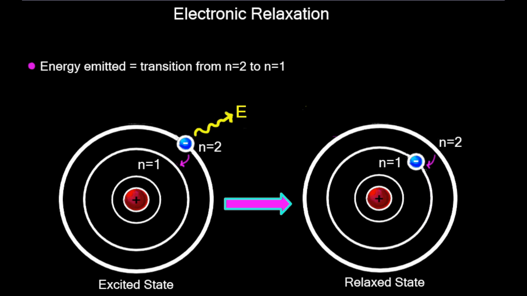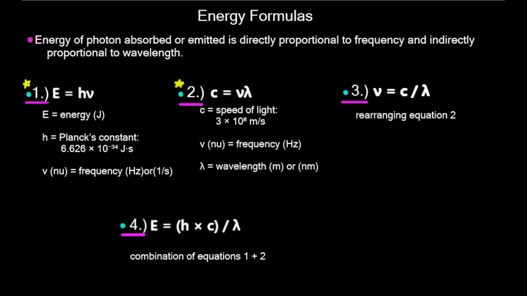Before I introduce the electromagnetic spectrum to you, let's review a few formulas so we can better understand the order of the electromagnetic spectrum. Let's talk about the formulas for the energy that's given off or absorbed when an electron makes transitions between different energy levels. That energy has its own frequency and wavelength.